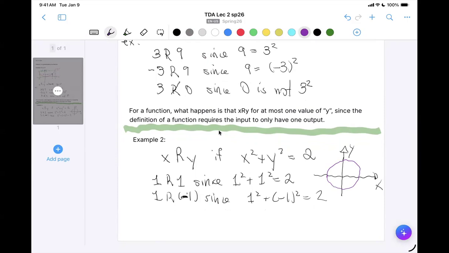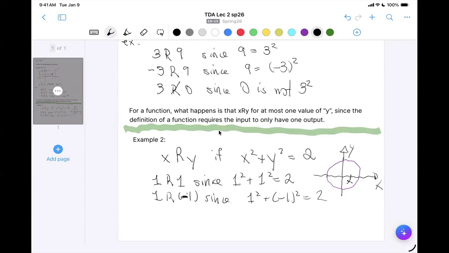The idea is that if there's any relation at all, exactly one value of x will be related with two values for y. If you had a value for x here, there would be two y values that it relates to, except at the equator, because at the equator there's only one y value.